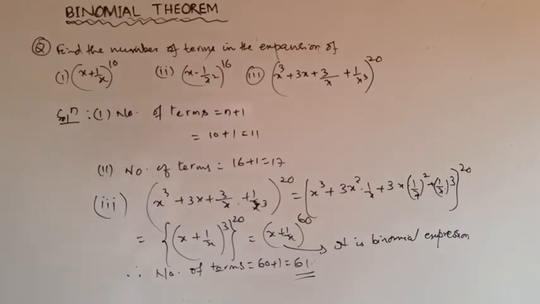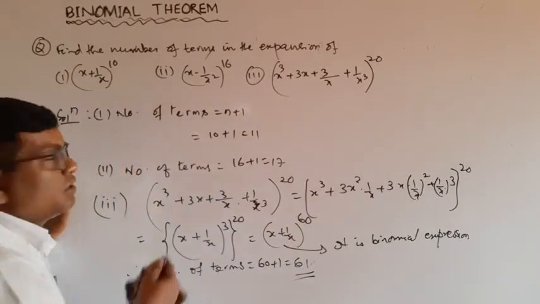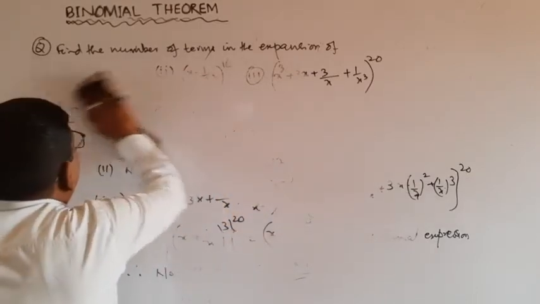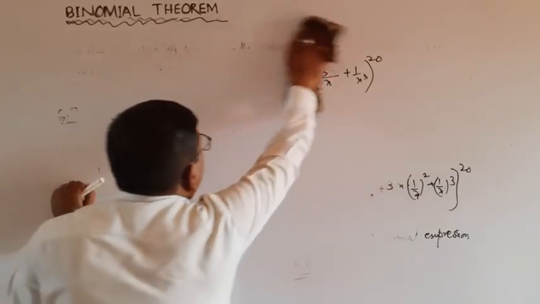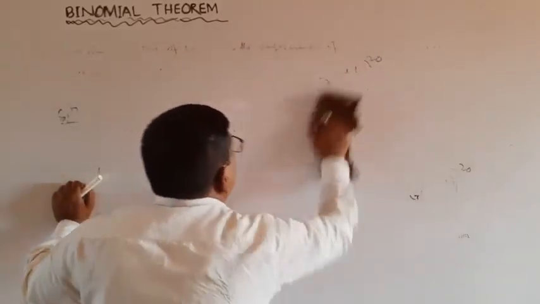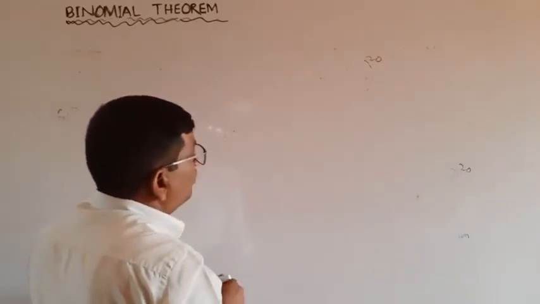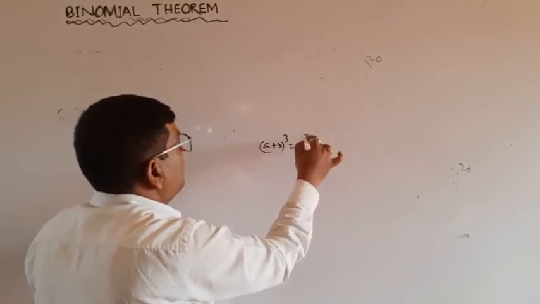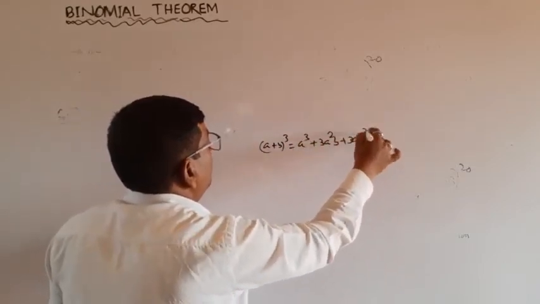Now notes regarding the number of terms. What is (a plus b) whole cube? a cube plus 3a square b plus 3ab square plus b cube.